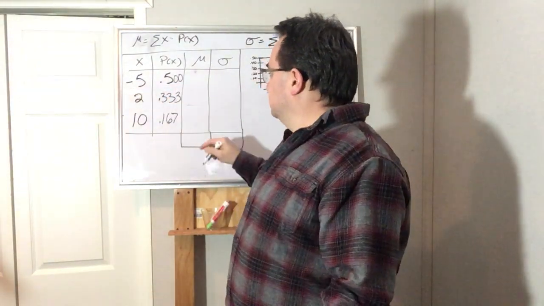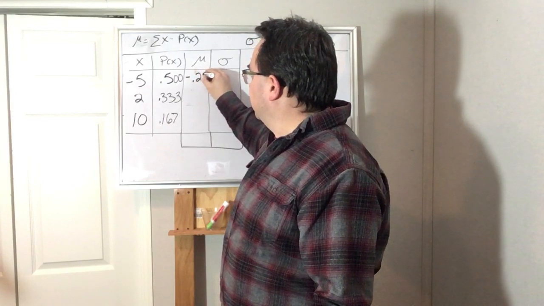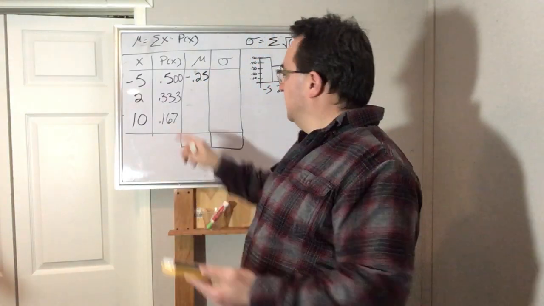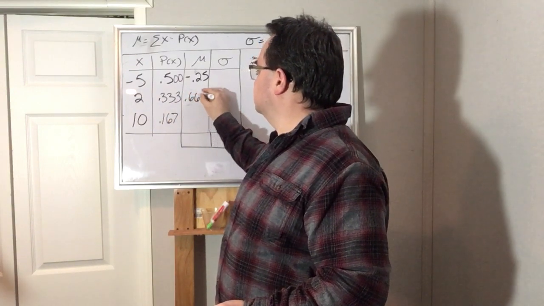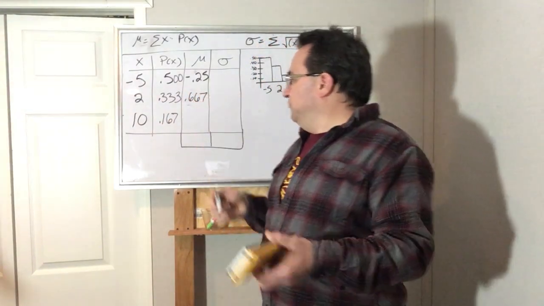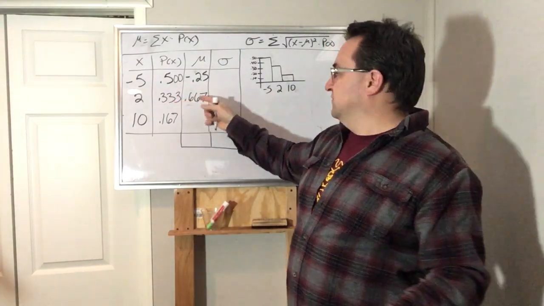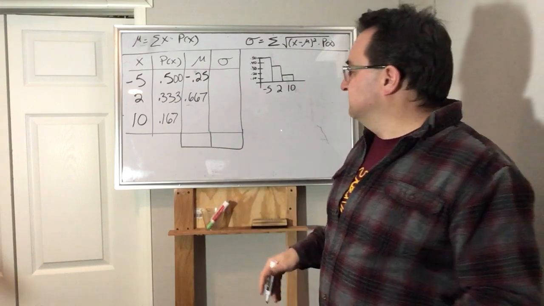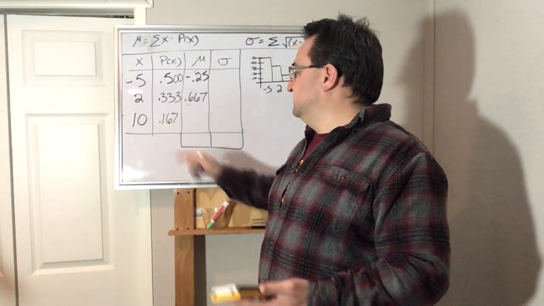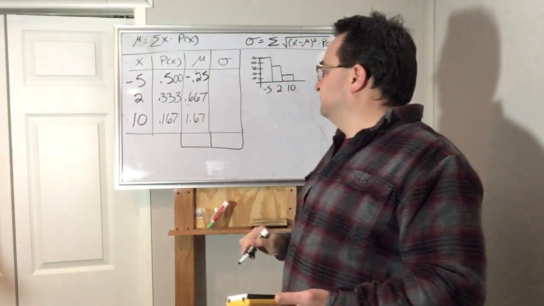So 5 times 0.5, that'd be negative 2.5, right? And then I'd have 2 times 0.3, that's 0.667, right? If you write 0.666, that's fine. Just remember, that came from a third, so it's really 2/3. If you put 0.66, that's fine. This is 0.167 times 10, so that would be 1.67.